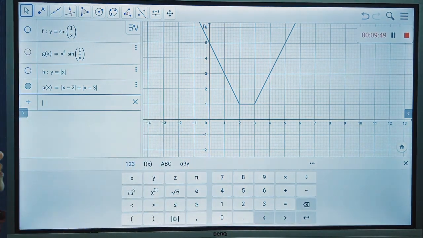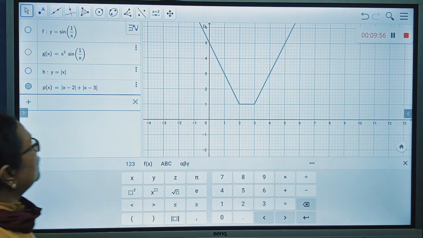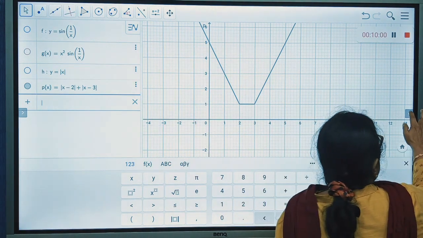So now what do you observe? This is a graph that we explored in my earlier video. We wanted to check the continuity of this graph at x equal to 2 and x equal to 3. So how did we do that?